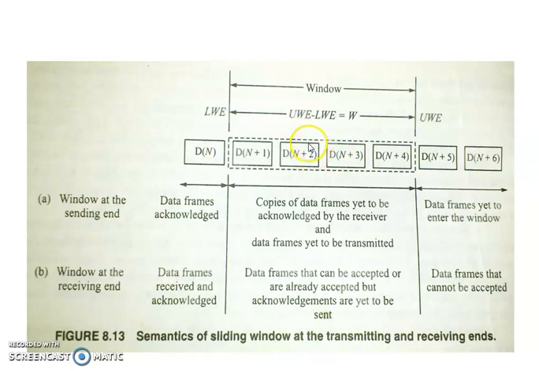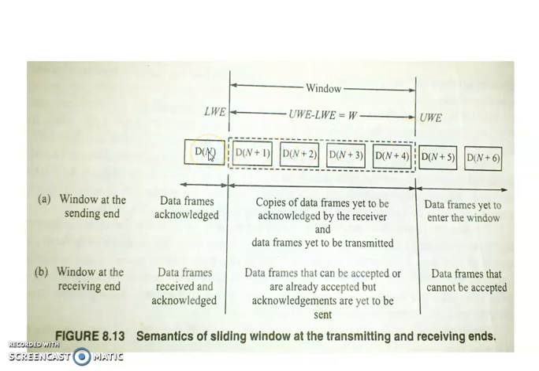Now the same thing will be there at the transmitting sender as well as the receiver. At the sender, what kind of frames will be in the window? Just now we discussed that at the sending end, it will have two kinds of frames: frames which are yet to be transmitted, and frames which are transmitted but whose acknowledgement has not yet come from the receiver.